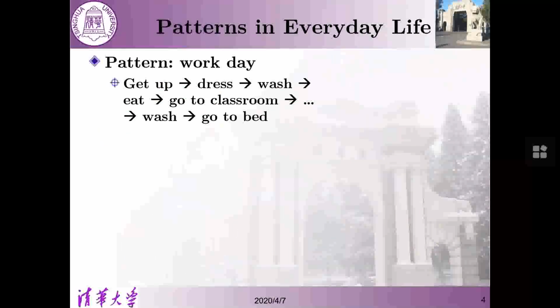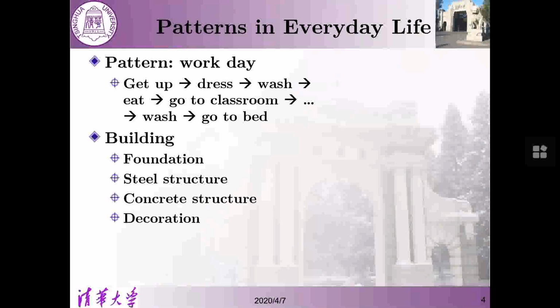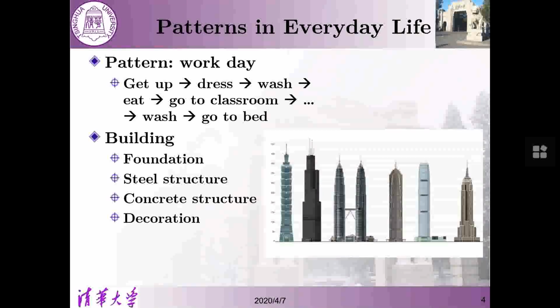Okay, so we are following patterns in our everyday life. For example, for a building, we always first build the foundation, right? If the foundation is not firm, the earth and mountains shake, right? Foundation is the most important part, right? And then we will build the steel structure, and then the concrete structure, and then the decoration, right?